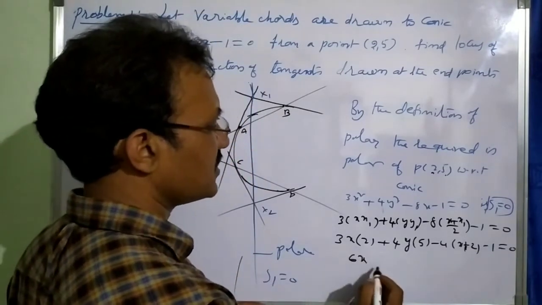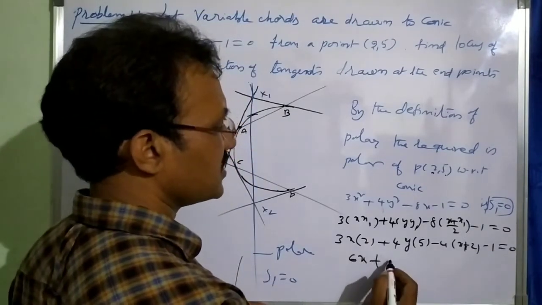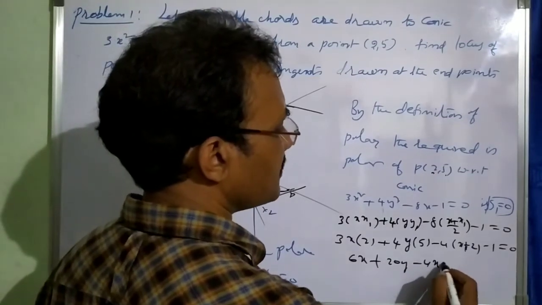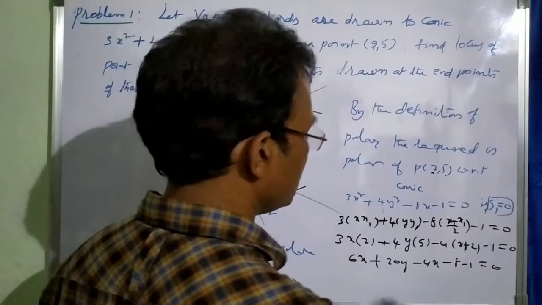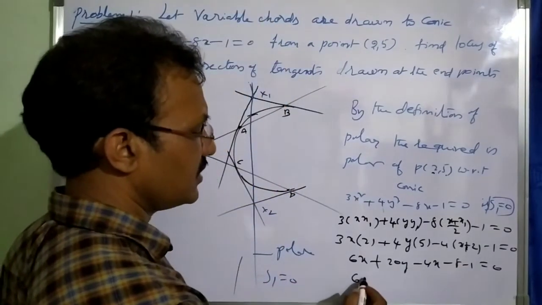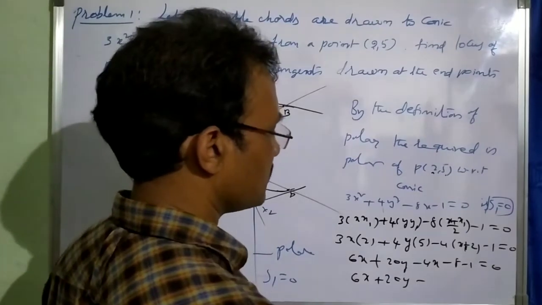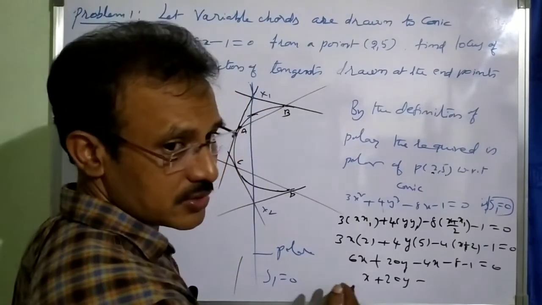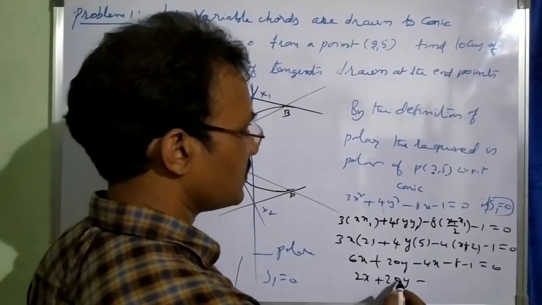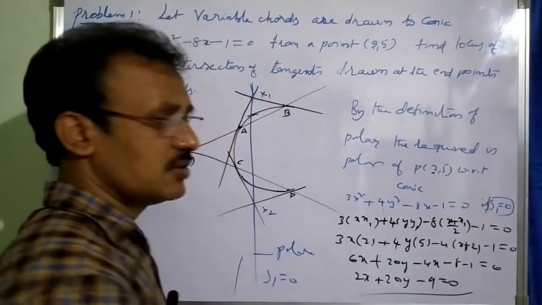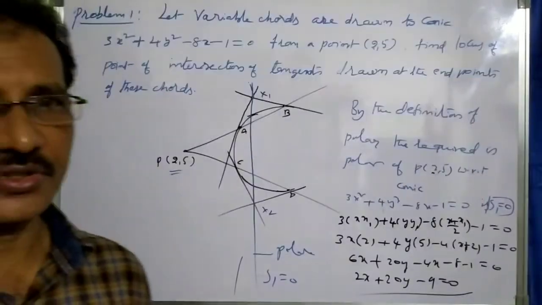Therefore 6x + 20y - 4x - 8 - 1 = 0. Therefore the required polar is 2x + 20y - 9 = 0, the required line equation.